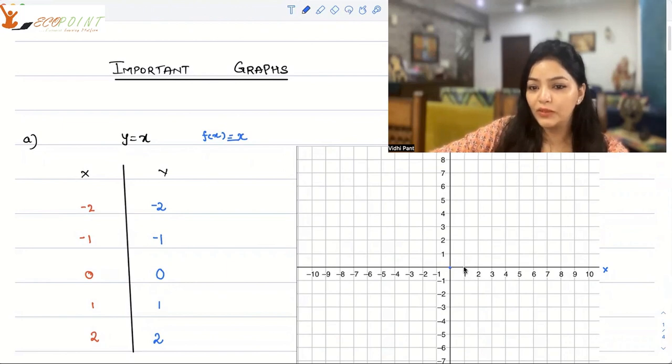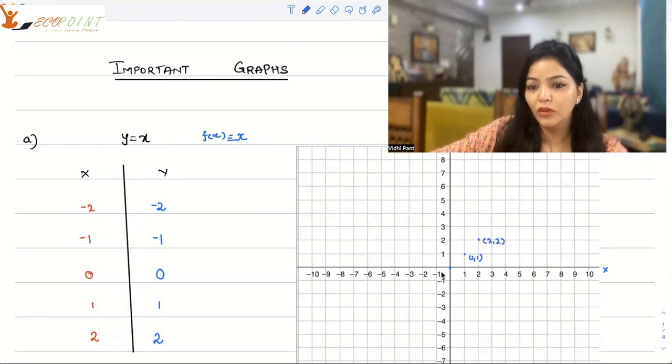This point is 1, so x is 1 and y is 1. That point could be located here, the point (1, 1), that is x is 1, y is 1. Then x is 2, y is 2 will be shown out here.